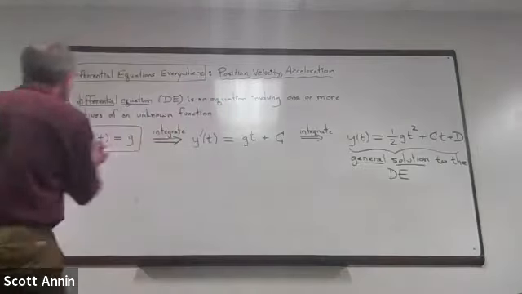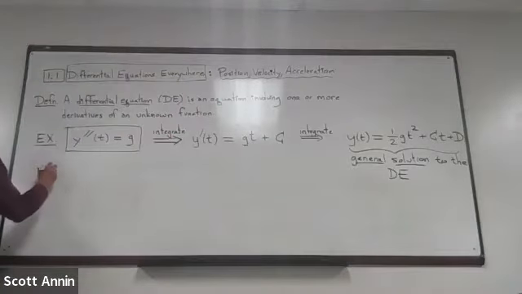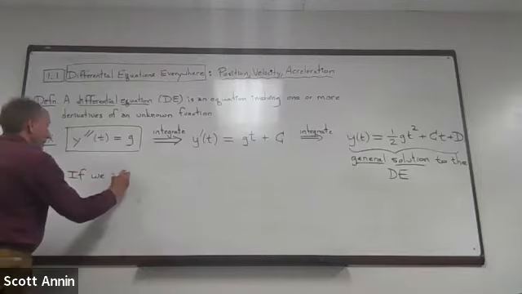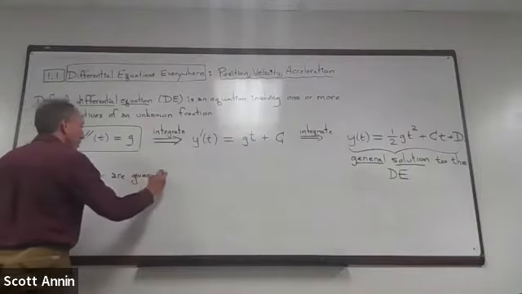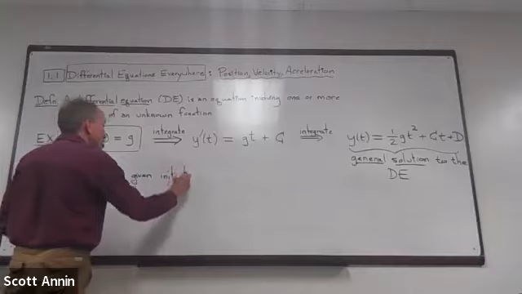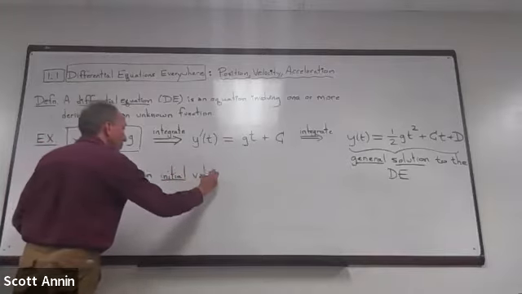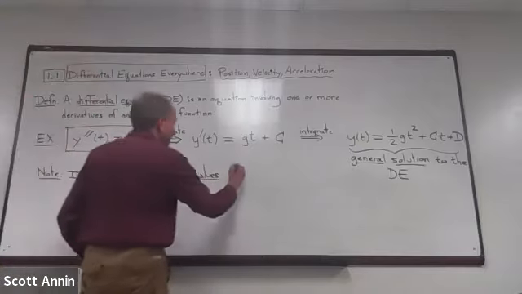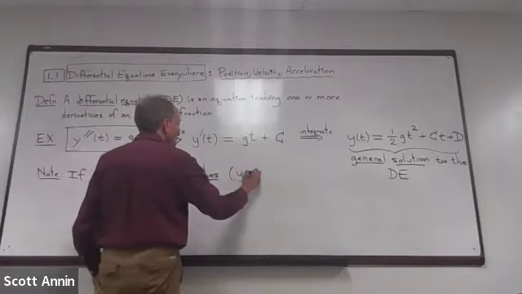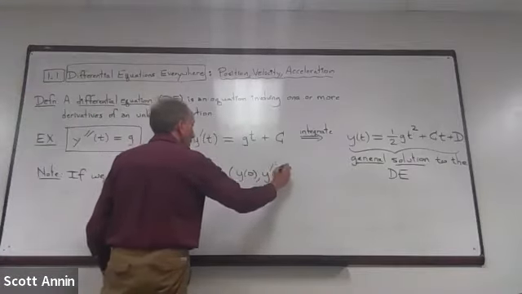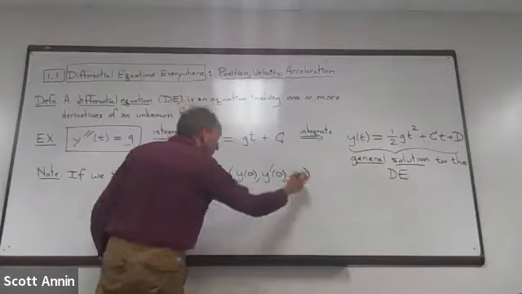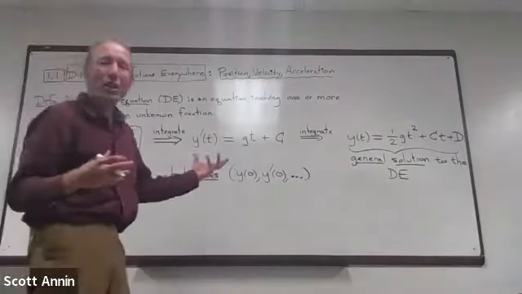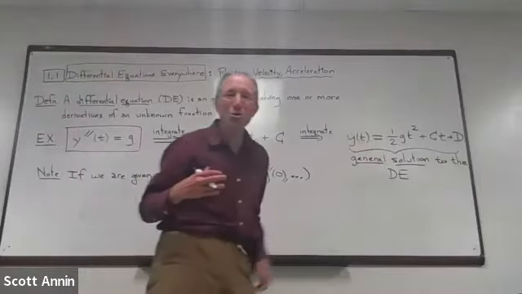Okay, so let's just make a note here. If we are given what are called generally initial values, this might be something like y of 0 or y prime of 0, some extra information that we could incorporate into this general solution over here.